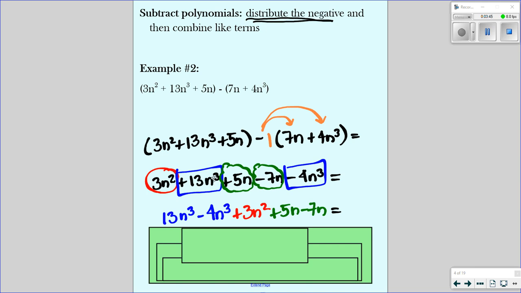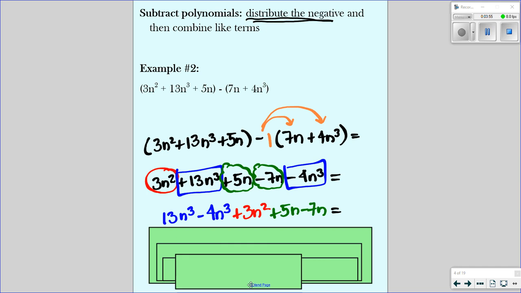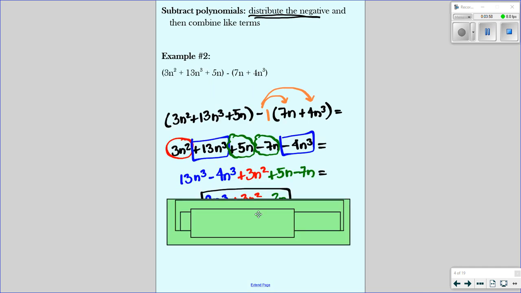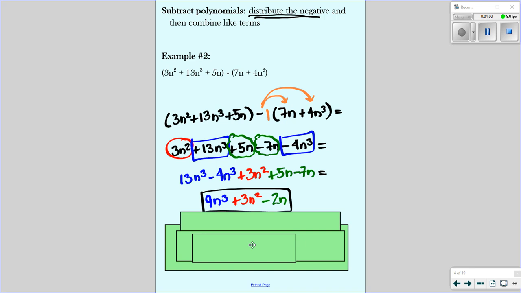So n to the third, the degree is 3, n to the second, the degree is 2, and n to the first, the degree is 1, and I did it in descending order. Once I did that, then I simplify, and I get my standard form simplified polynomial of 9n to the third plus 3n to the second minus 2n.